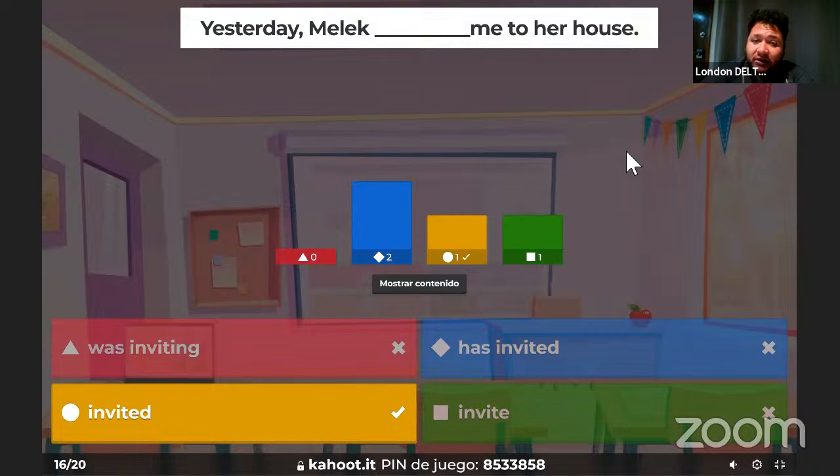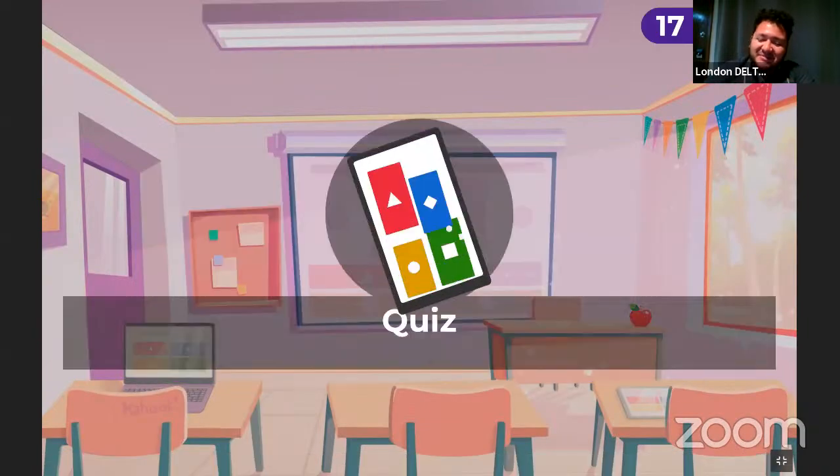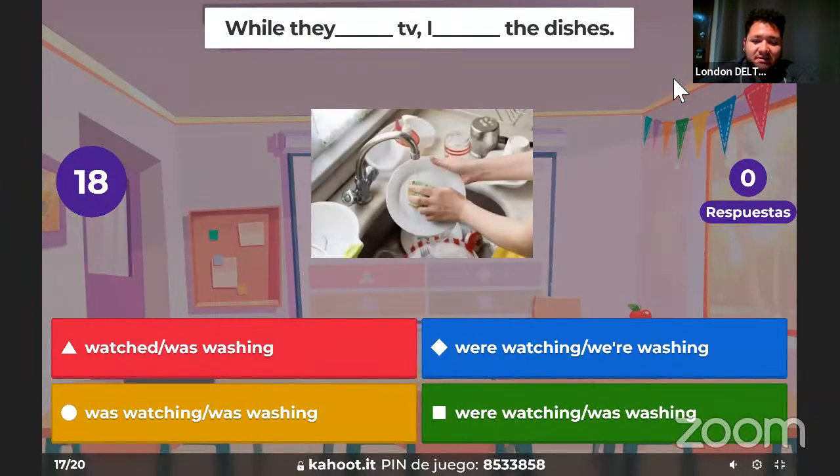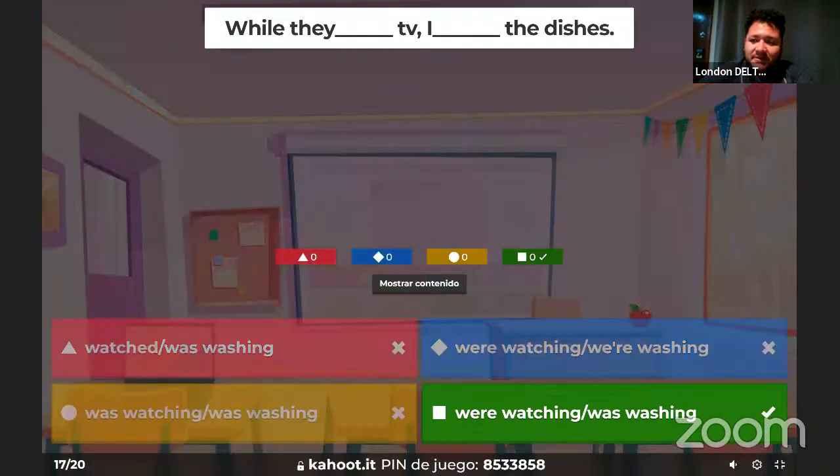Yesterday, Melek. Bueno, está bien para practicar el pasado, ¿no? Sorry, esta oración tampoco iba, pero está bien. Sorry. Perdón, este tampoco va. Siguiente.